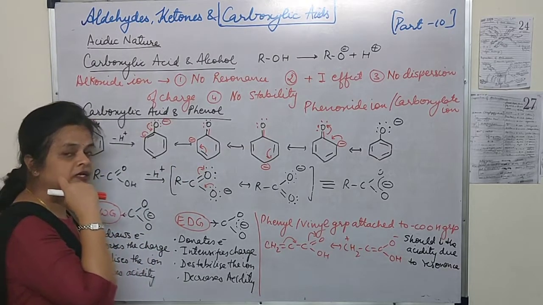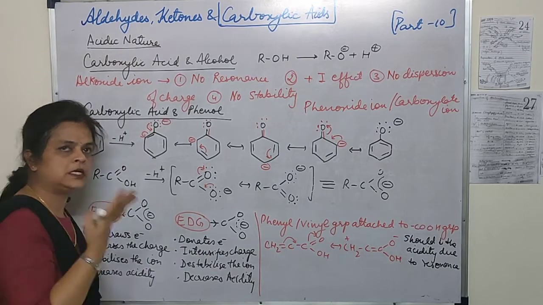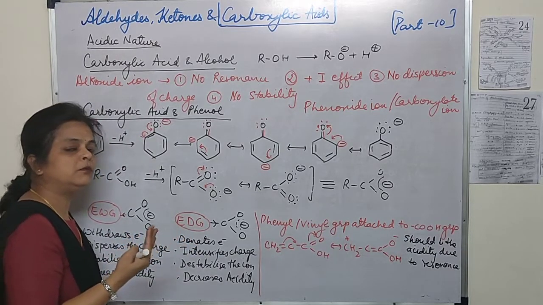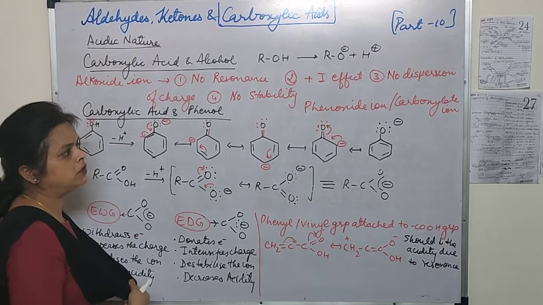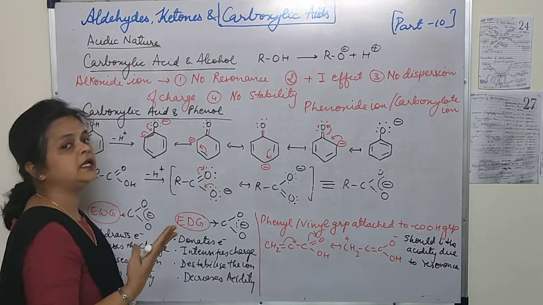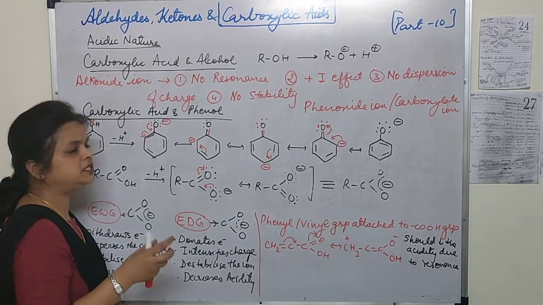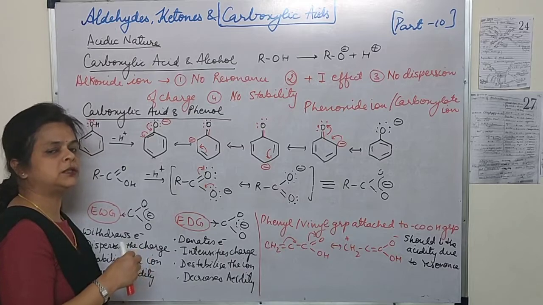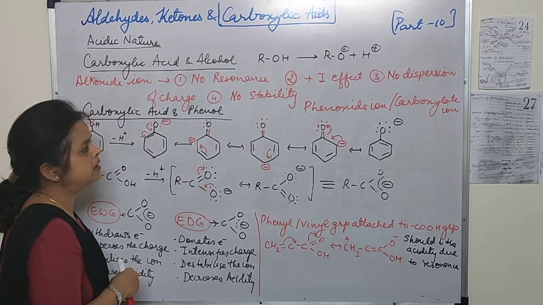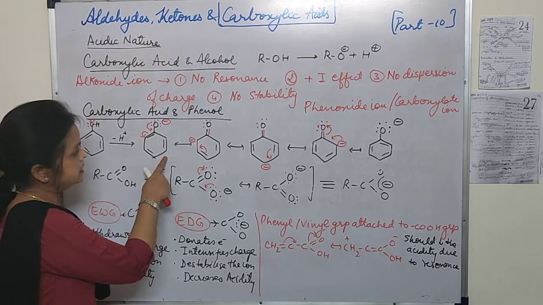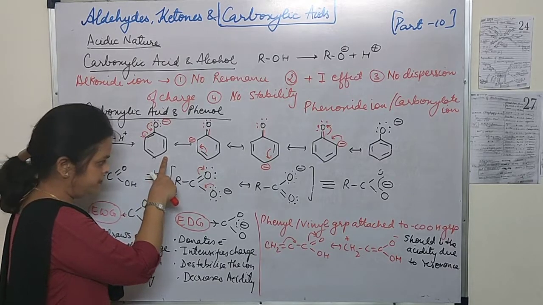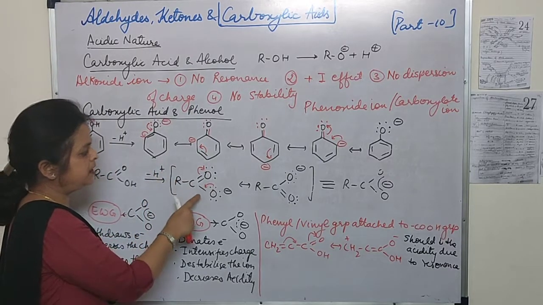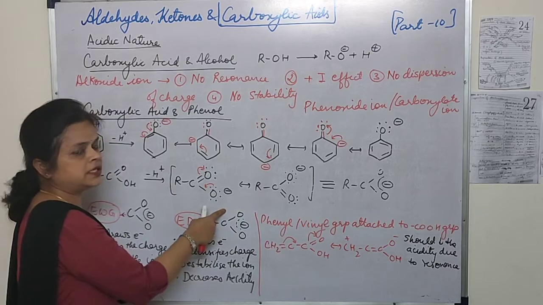In class 11th, we had discussed the criteria for deciding which resonating structures give more stability to the compound. One of them is that in this carboxylate ion, we have two equivalent resonating structures.